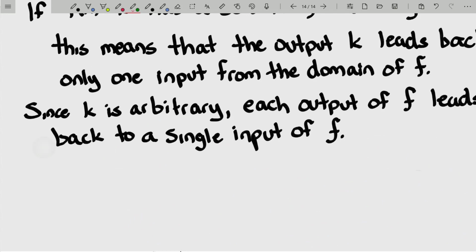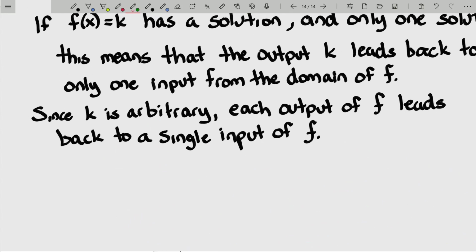Well, if I told you I have a function, immediately when I state the word function, you know that each input leads to a single output. And you should know, up to this point, that for a function to be one-to-one, each output needs to lead back to a single input, and guess what we have just written? Each output leads back to a single input.